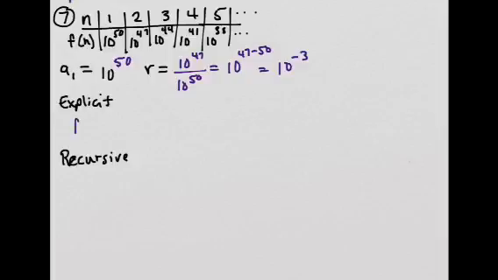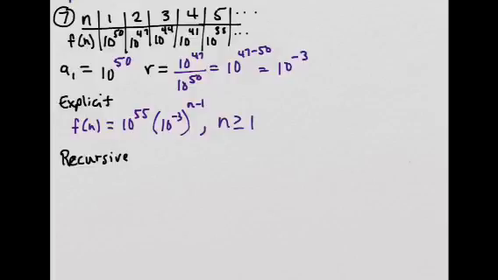So now f of n equals the first number times the ratio. Because the sequence begins with n equals 1, the power here is n minus 1 for all n greater than or equal to 1.